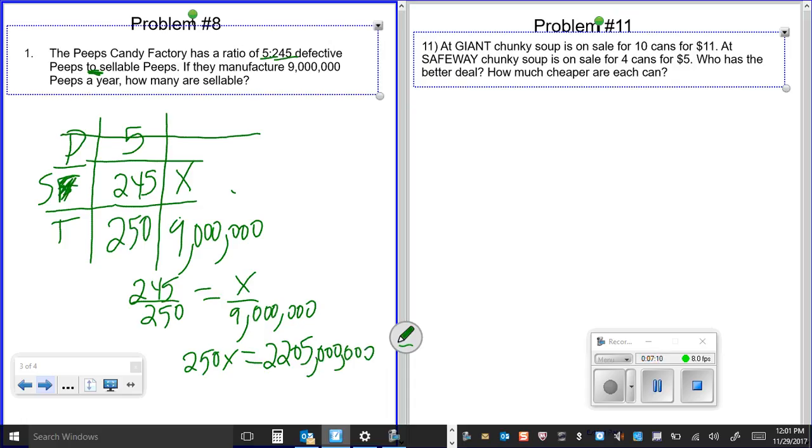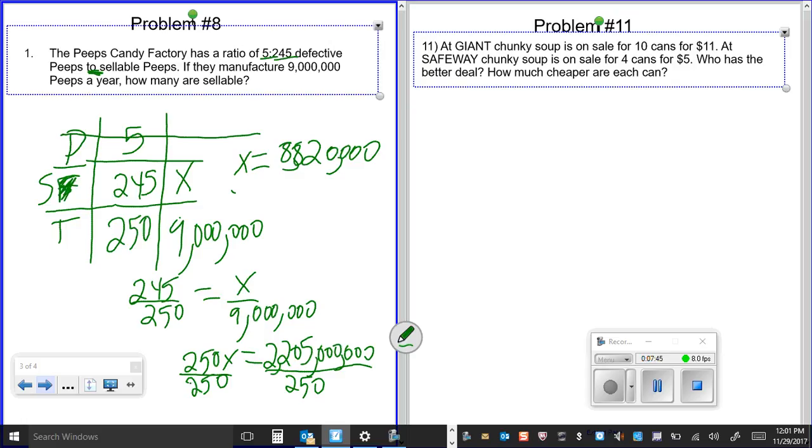And now we're going to divide each side by 250. I just left that in my calculator, so now I just hit divide by 250. And X is going to equal 2 and 4 zeros, and we drop in our commas. So that's going to be 8,820,000 Peeps. All right, so that would be your answer.